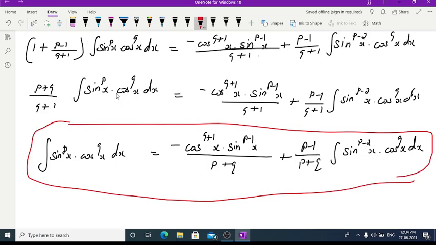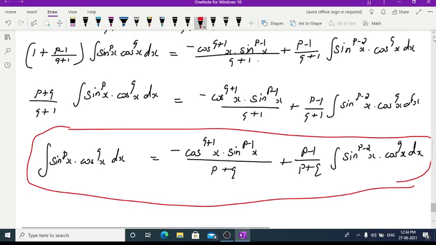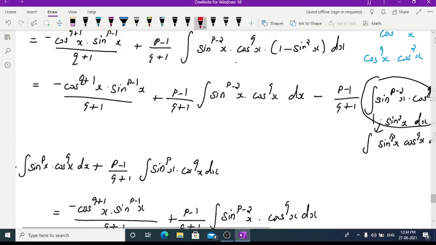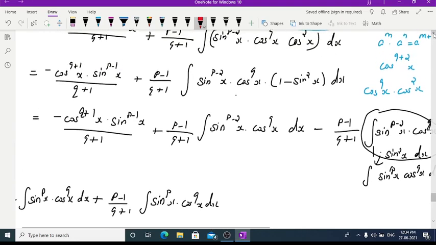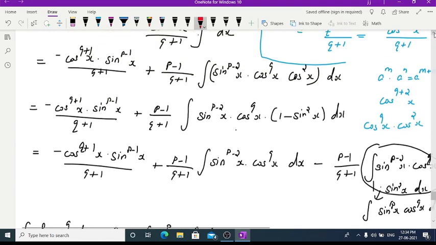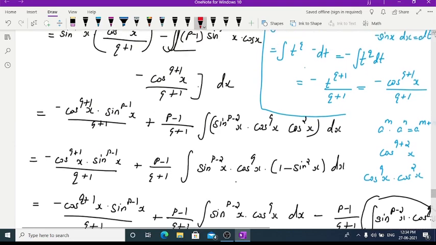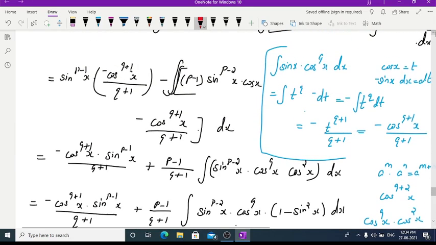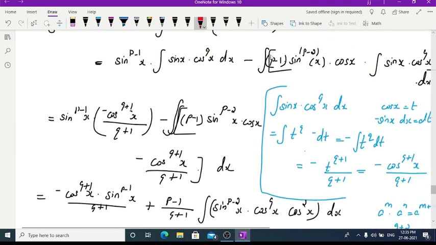Okay. Now in the same way we have to derive this formula. Here, starting, we split sine raised to p x. We split the sine term: sine raised to p x is equal to sine x into sine raised to p minus 1 x. Instead of that, we have to split cos raised to q x.